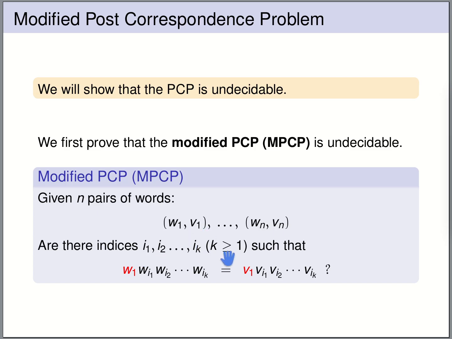So we are not free in choosing any sequence of pairs. We have to first pick the first pair and then continue with an arbitrary sequence of pairs. Otherwise, the rules are the same as for the post-correspondence problem. We are still asked to find some sequence where the left entries concatenated gives the same as the right entries concatenated.